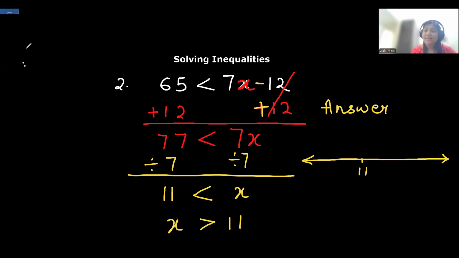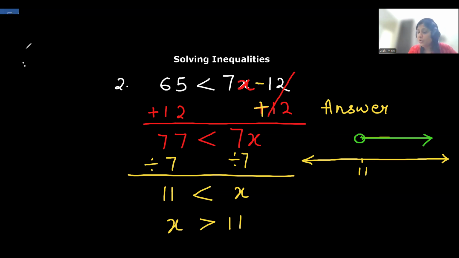So whenever you have the greater than sign, you will move towards the right side. So x can have any value greater than 11. It can be 12, 13, 14 up to positive infinity. But x is not equal to 11. It is greater than 11. So since x is not equal to 11, at 11 you will put an open circle.